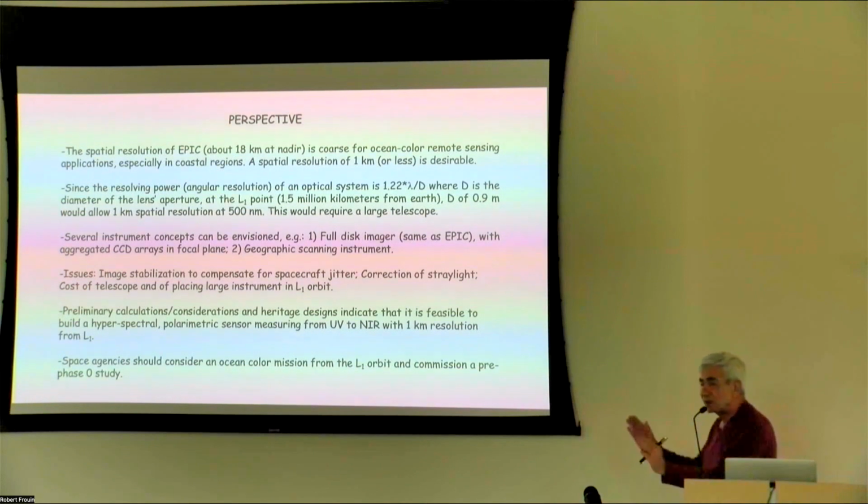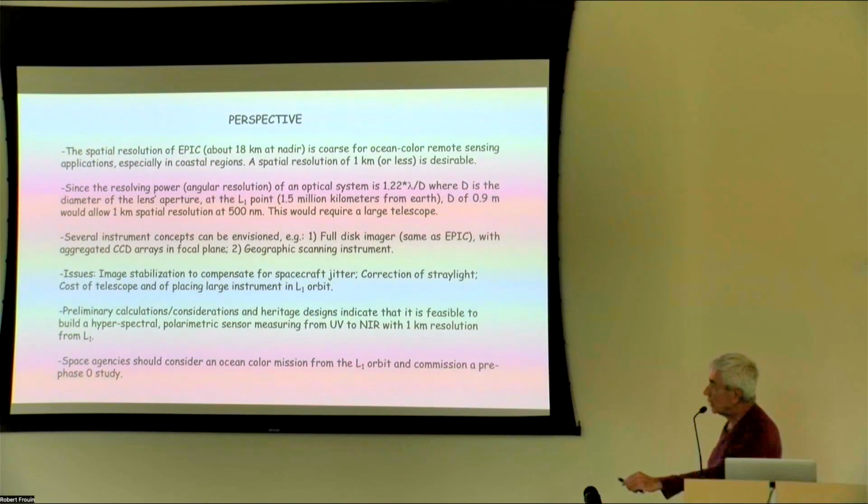This is something quite different from what we've been used to: aircraft, satellites, polar orbits, geostationary satellites. This is another possibility, and you can see the advantages if we can build an instrument with the proper spectral and spatial resolution, which is feasible.